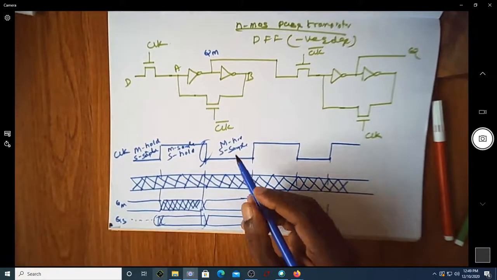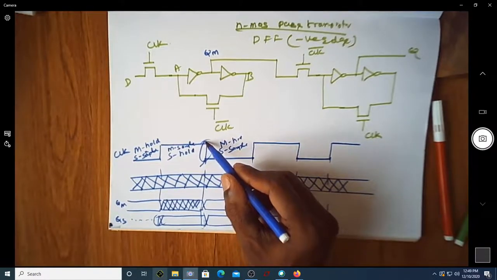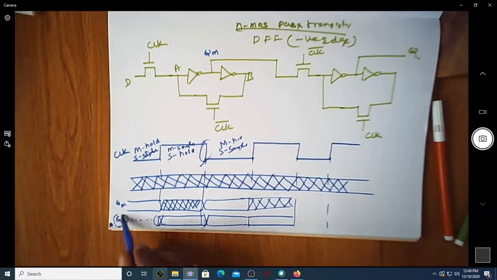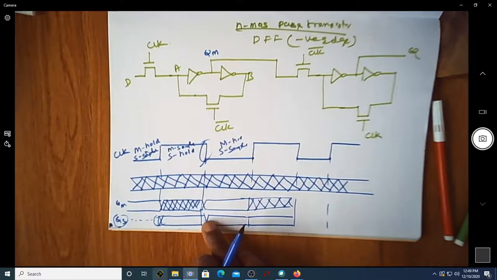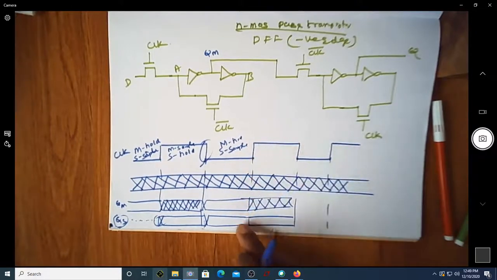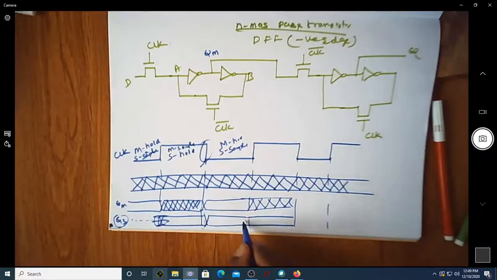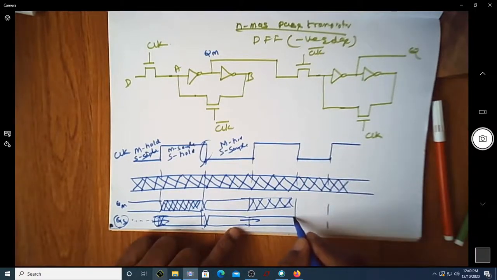If you can clearly see this, during the negative edge of the clock, the final output of the slave is being modified, of course after the T clock to Q delay, and during the positive edge it holds it. Here also it was holding the previous value. Only at this point will it have a change.